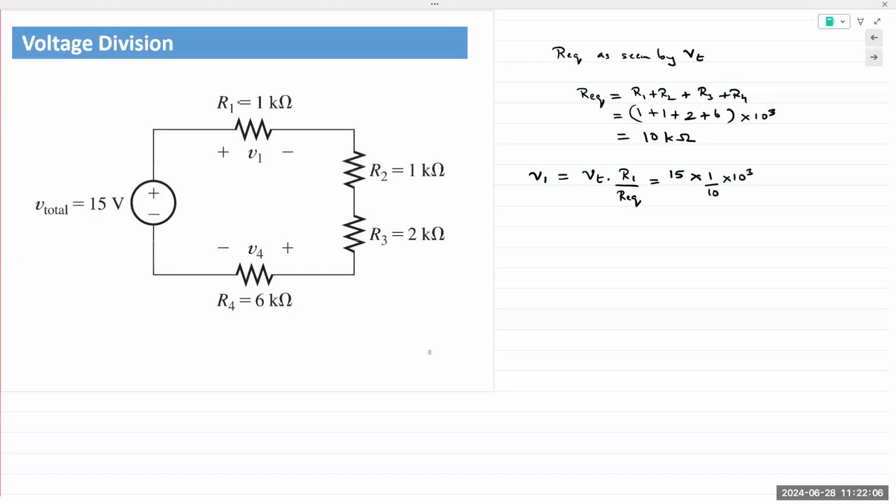Okay, 1 kilo ohm divided by 10 kilo ohms. And so this should give me 1.5. 1 kilo ohm divided by 10, so this would be just 1 over 10 is fine. Yeah, I don't need to do kilo ohms. 1.5 A.